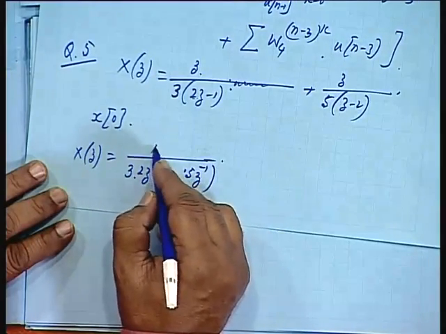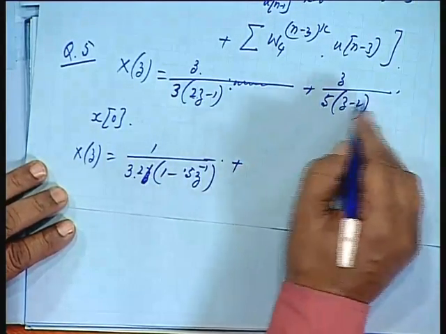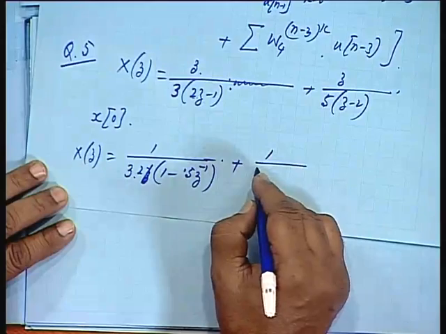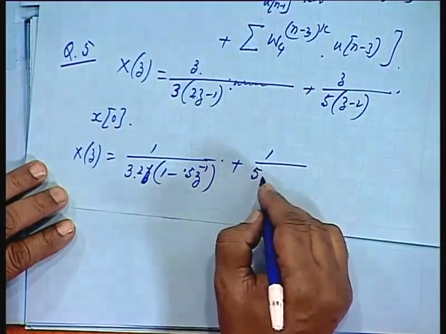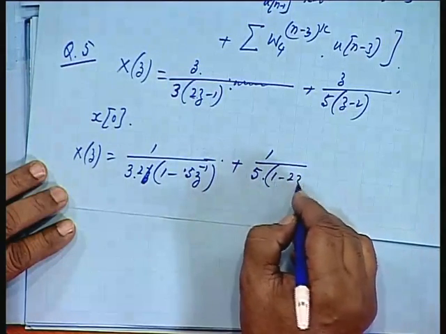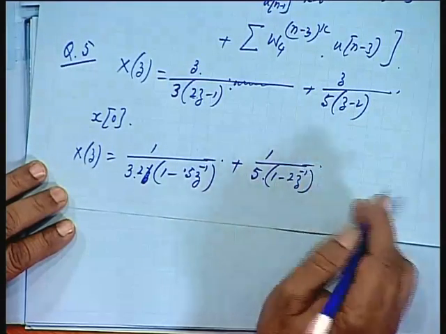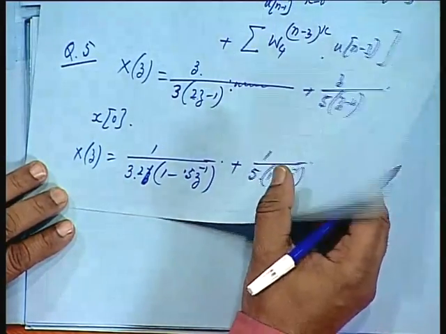Z divided by, so z will go, plus, similarly here 1 by 5, 1 minus 2 z inverse, all right. This is a causal system.